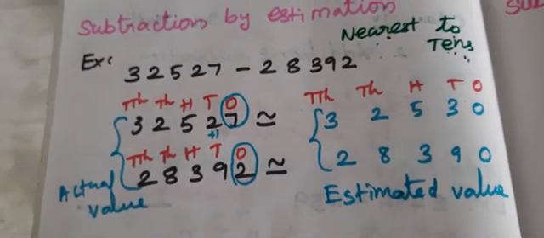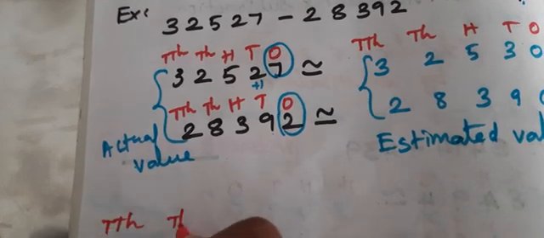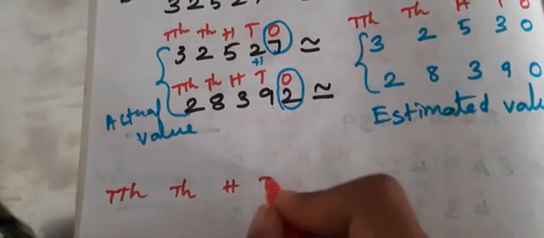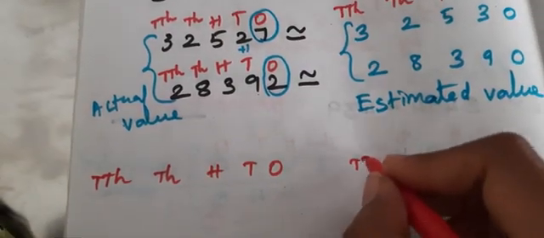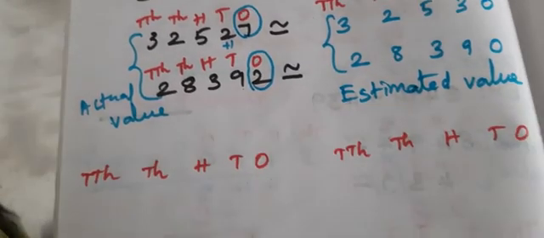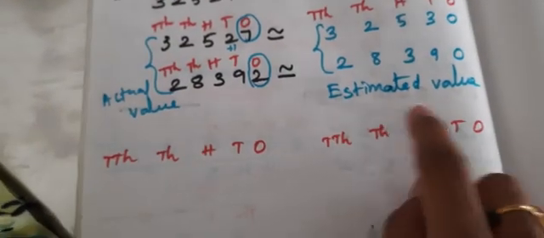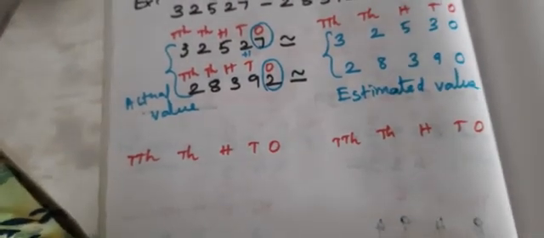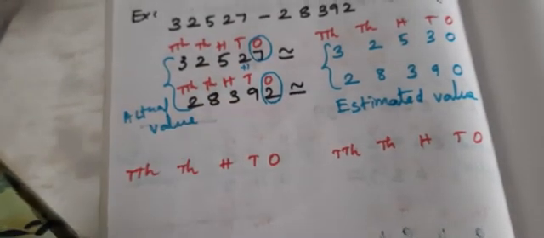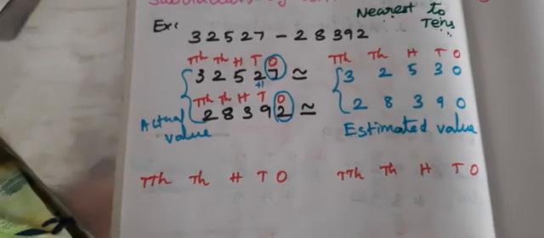Then the next step is that we have to write the places first. Now I am going to use the actual value and estimated value in the subtraction sum. First we have to arrange the actual value and estimated value column wise.